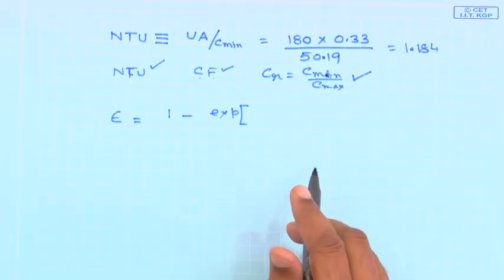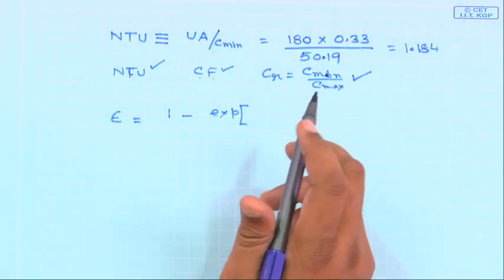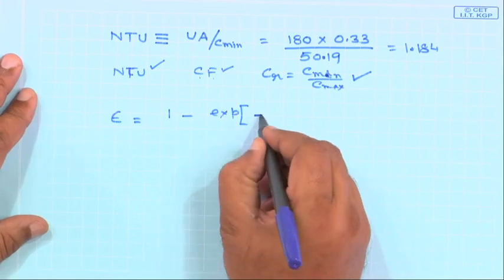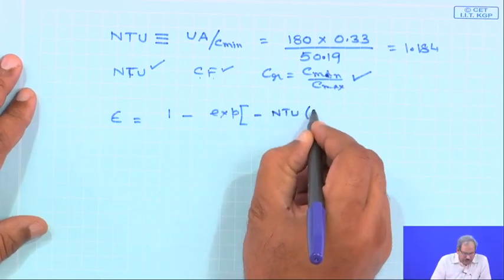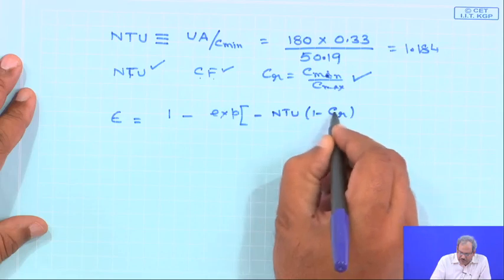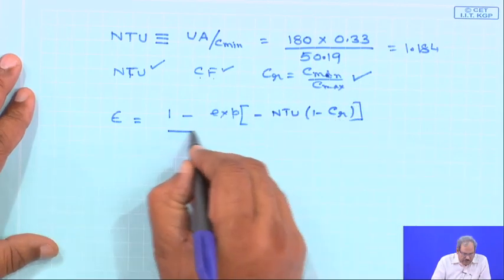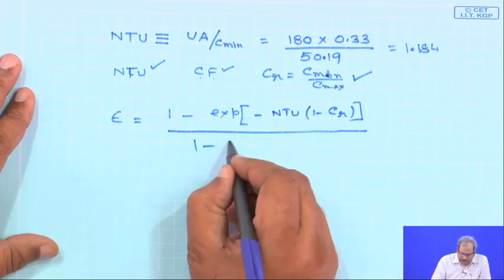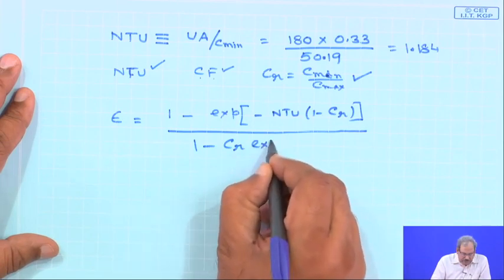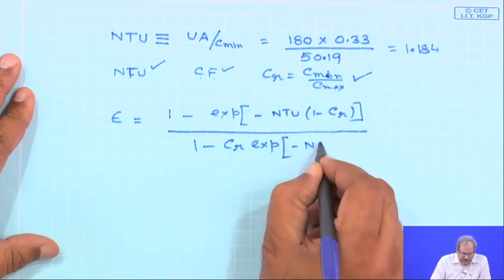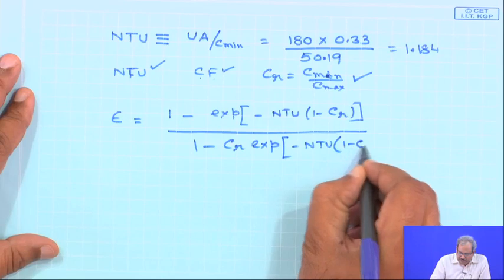and other parameters. So, the expression which is to be used in this case is 1 minus epsilon, minus NTU into 1 minus CR, where it is just the ratio, divided by 1 minus CR exponential minus NTU times 1 minus CR.